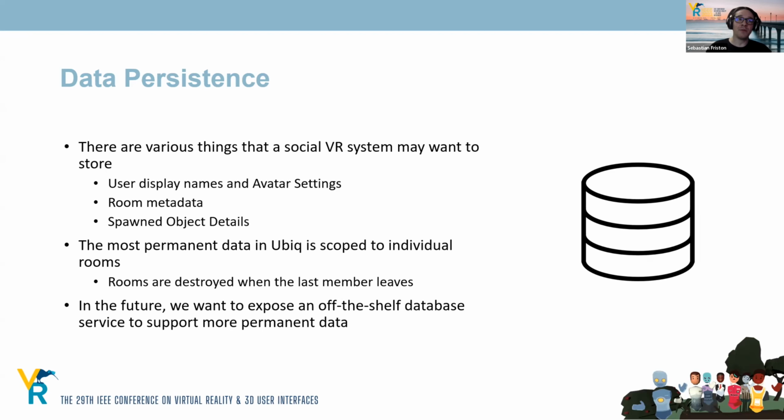So I did say that Ubiq can spawn objects, and it does have some persistent data. Currently, that is scoped at most to the room level. And rooms, by default on the server, do hold data, and they are destroyed when the last member leaves. So the most permanent data in Ubiq has the lifetime of an individual room.